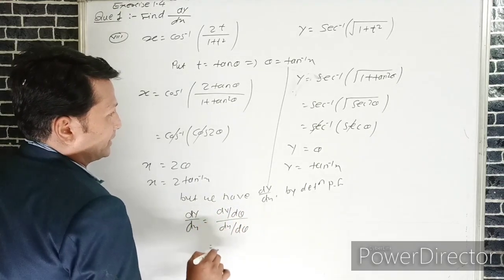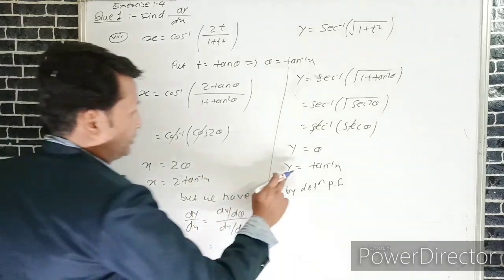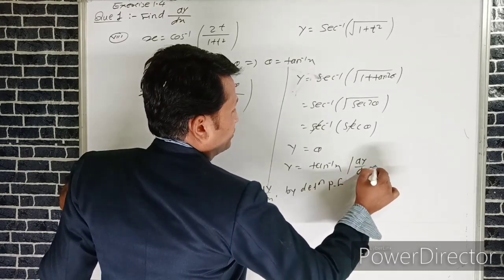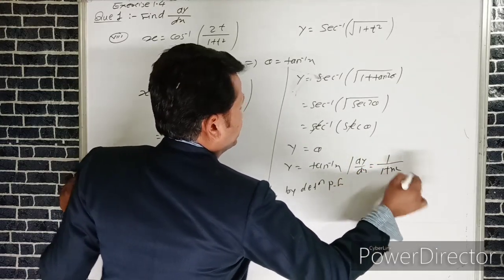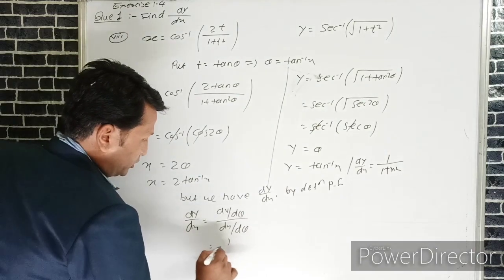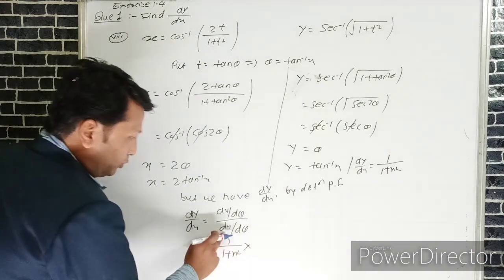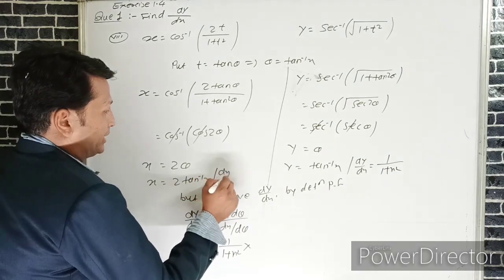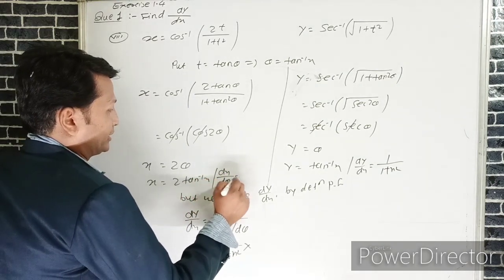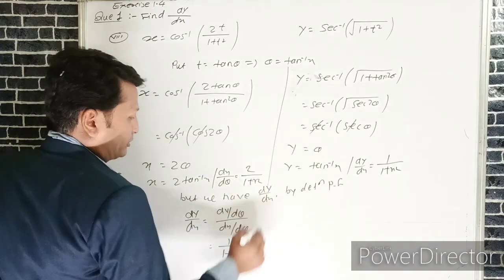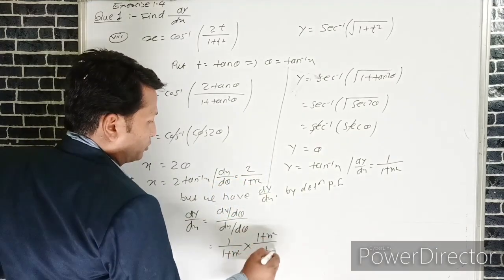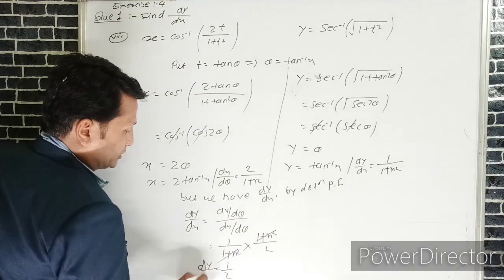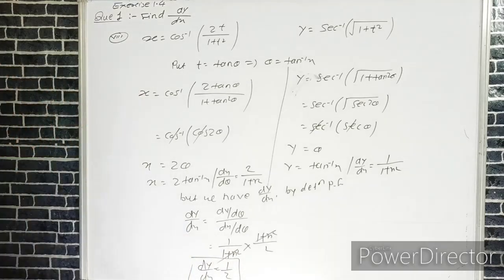Here dy/d theta is the derivative of tan inverse, which is 1, and dx/d theta is 2. So dy/dx = 1 upon 2, which is the required derivative dy/dx.